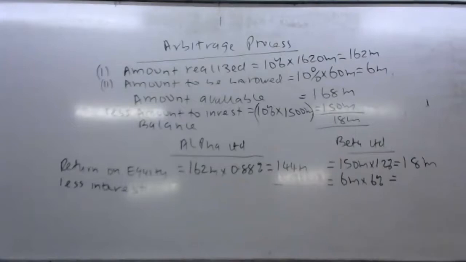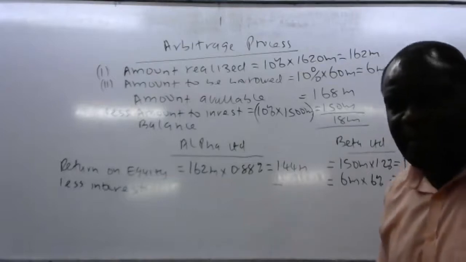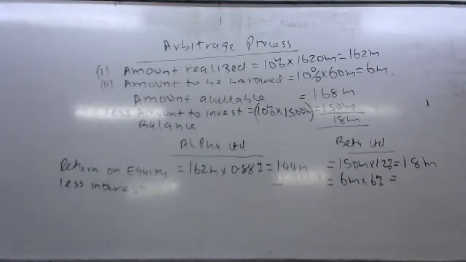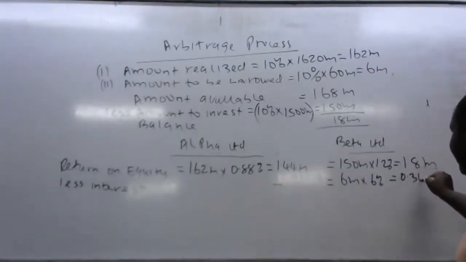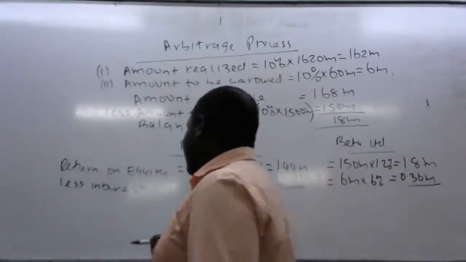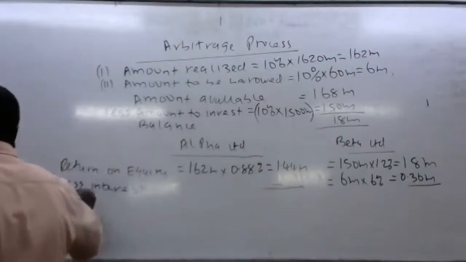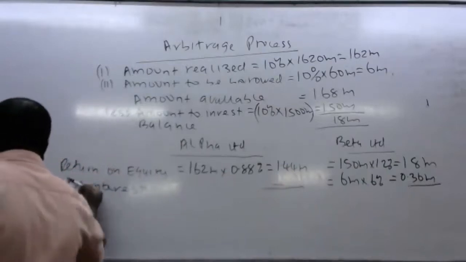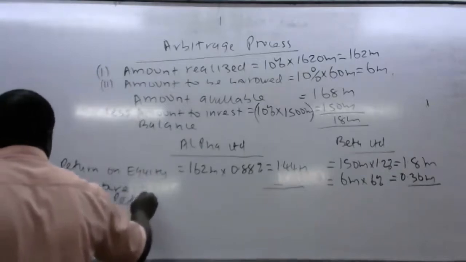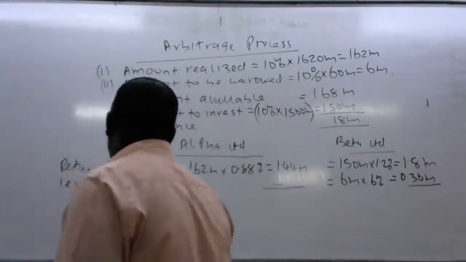So what is 6% of the 6 millions? 6% of the 6 million should be the same as 0.36. So now we are subtracting to get the net returns.